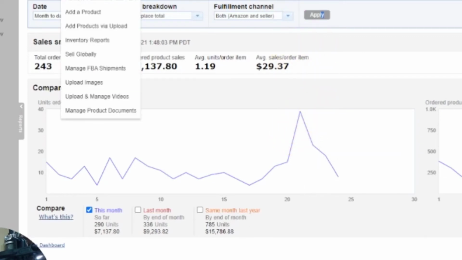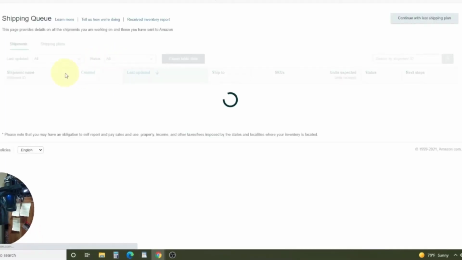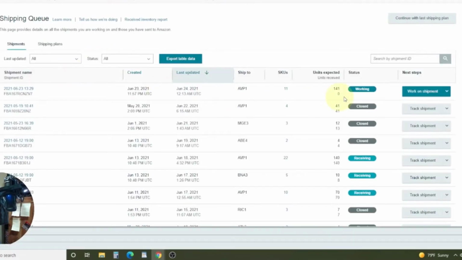But anyway, now what we want to do is come over to manage FBA shipments. And when you come over, you're going to see that working. This is the one, and this got transmitted by Inventory Lab. This is so great, guys. Everything is streamlined.